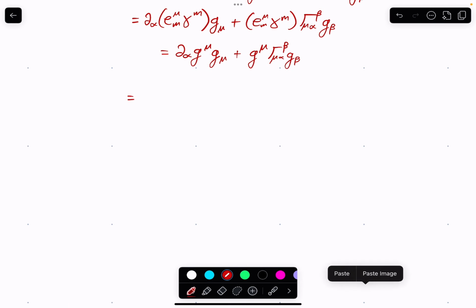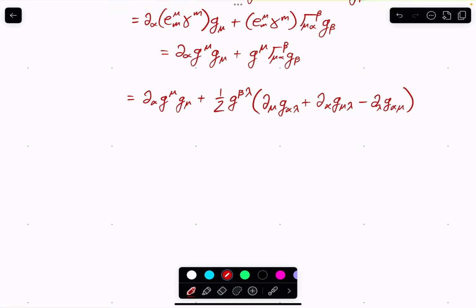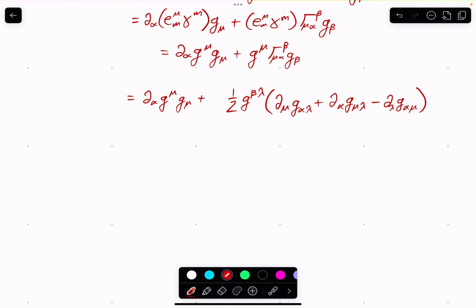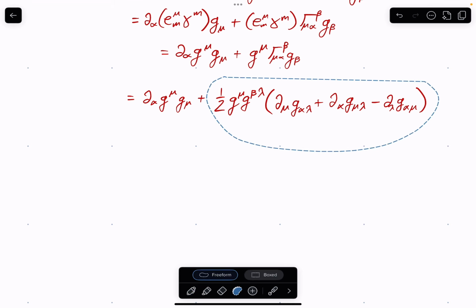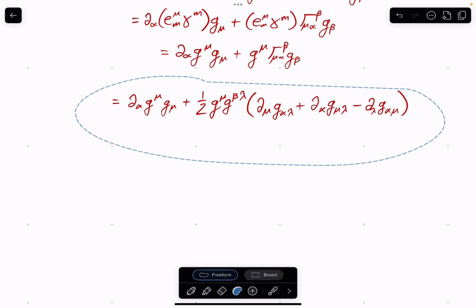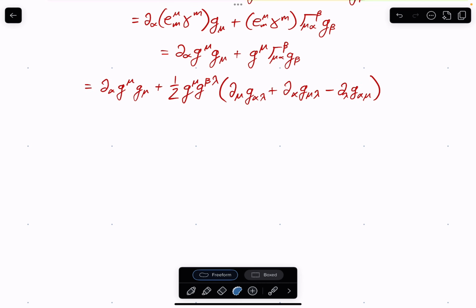We're going to have partial alpha g^μ plus this here, 1/2 out front, then we have g^μ, like so, and then g_β.